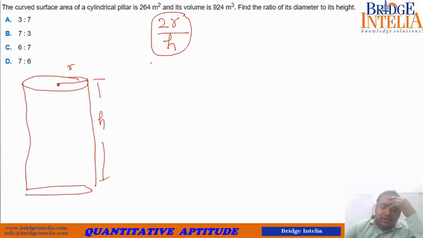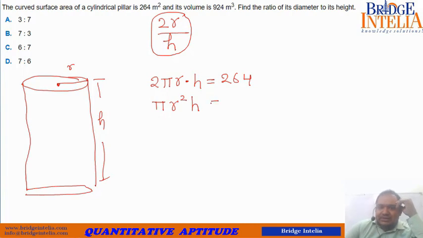What is given? The curved surface area is given. So the curved surface area is 2 pi r h, and this is equal to 264 units. What else is given? Its volume is also given. So the volume, that means pi r square h, is equal to 924. Let me call this equation 1 and this equation 2.